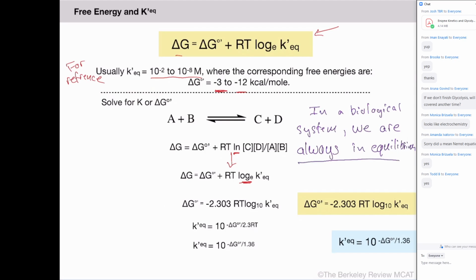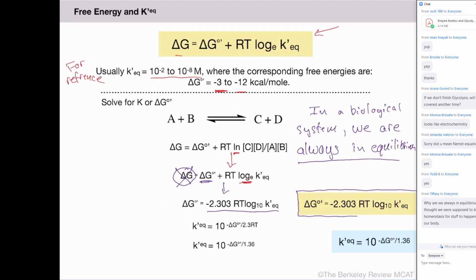So what does that mean? That means we can just take our delta G and eliminate it. If we're further solving for delta G naught prime, you rearrange the equation one more time, move everything over to the other side of the equal sign, and you get delta G naught prime equals -2.303 RT log 10 of KEQ. And that's how we get this equation here, which is what we care about in our biological system.